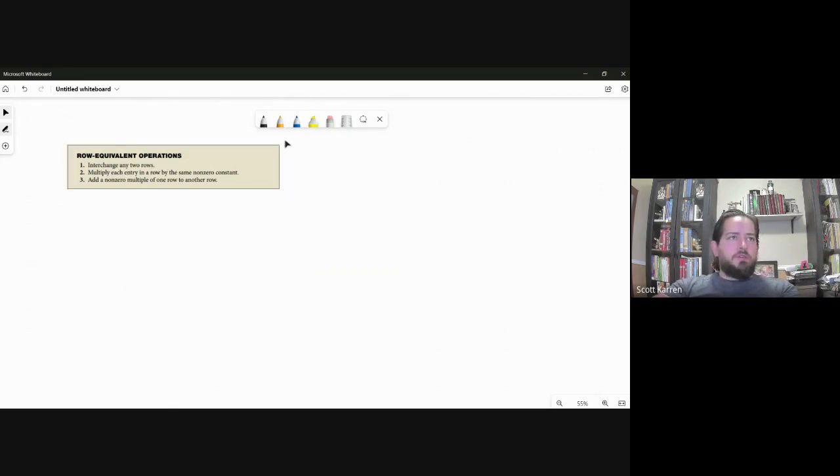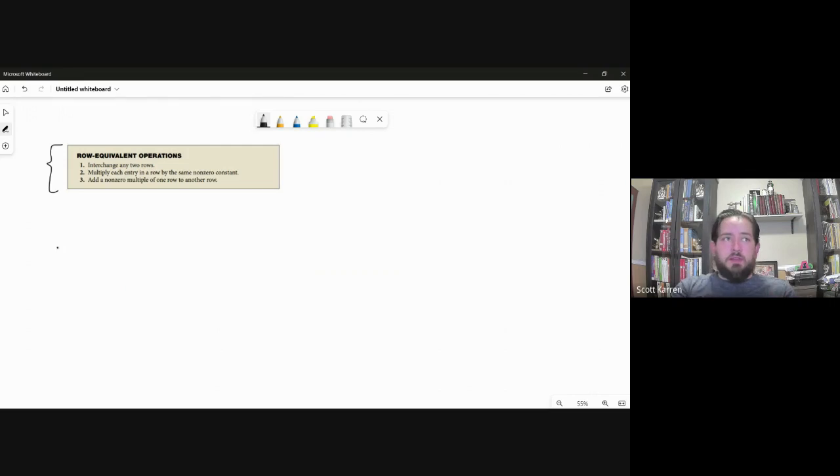So there are some things that we can do, some things that we can't do. This is the exact same list of things that you can do that we talked about when we had a system of 3 equations and 3 variables. I can swap 2 rows. I can multiply 1 row by a number, as long as that number is not 0, as long as I multiply everything on the left and everything on the right by that number.